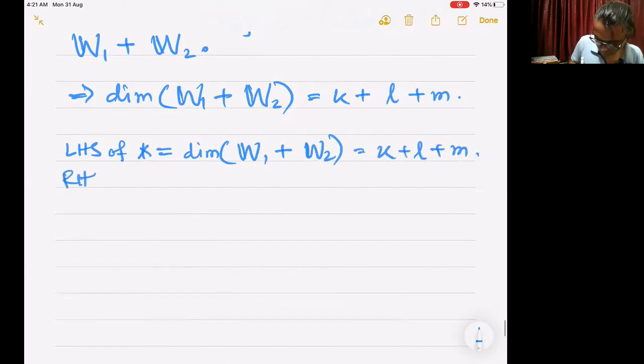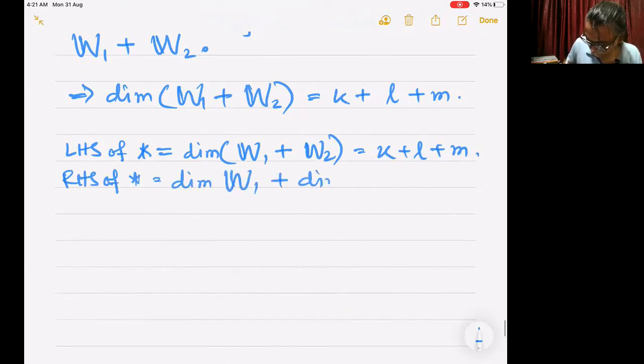RHS of star is dimension W1 plus dimension W2 minus dimension W1 intersection W2.